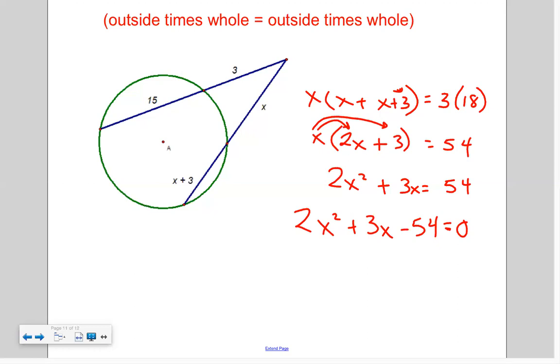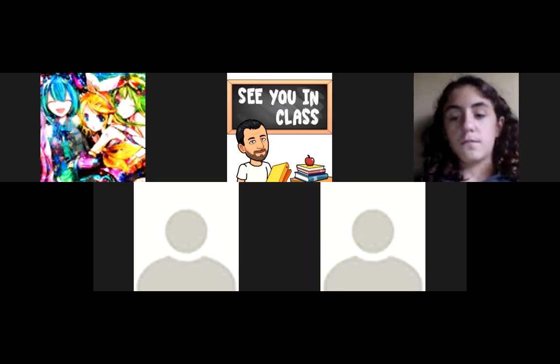We could use a graphing calculator, but I'm gonna use Desmos, because we have access to that, and it should be a little bit easier to work with. So if I go over here and open Desmos and type this equation in.